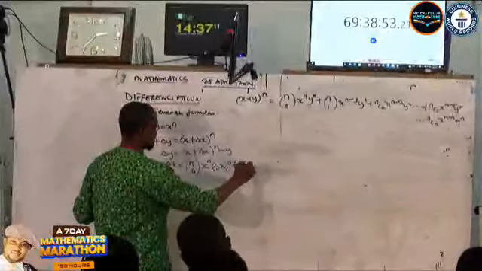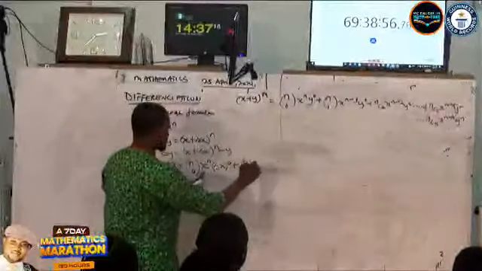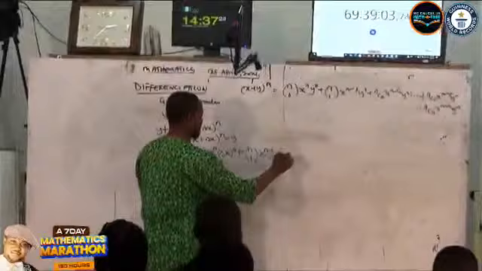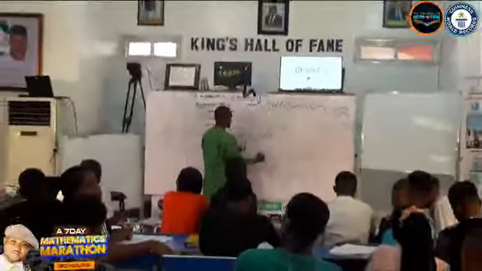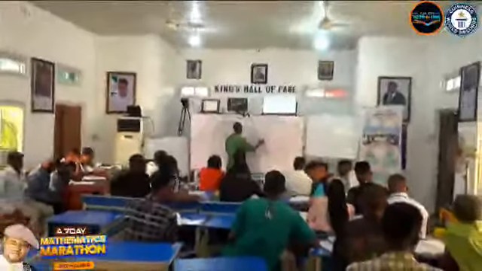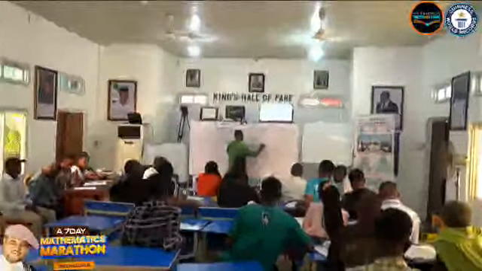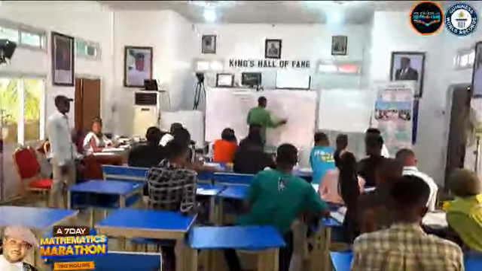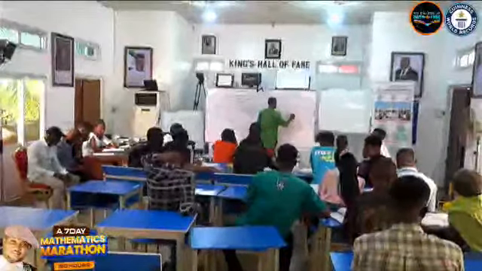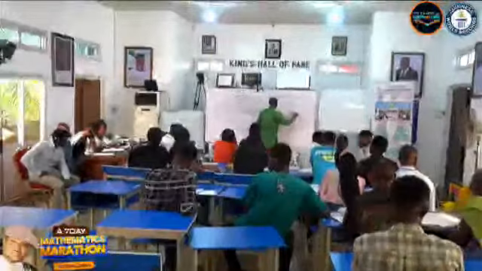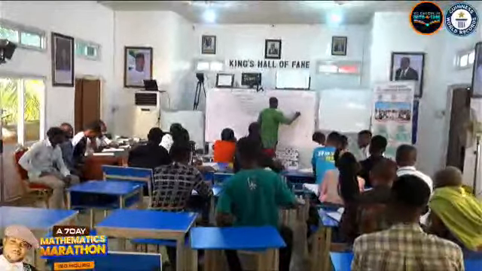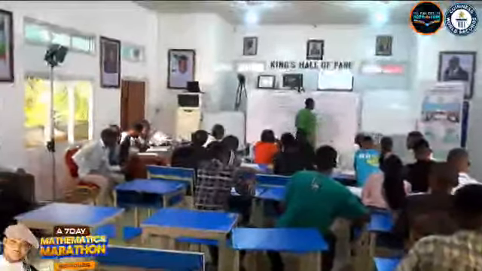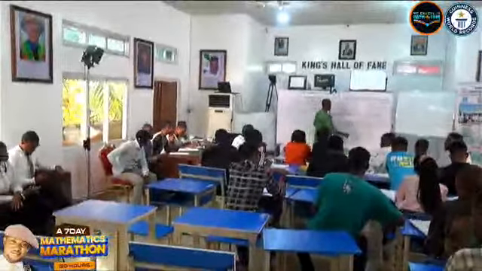Plus n combination 1, x to the n minus 1, then change in x to the power of 1, plus what? n combination 2, x to the power of n minus 2, change in x squared, plus, you reach n combination n, then you have x to the n minus n, then change in x to the power of n, minus y, which is what?